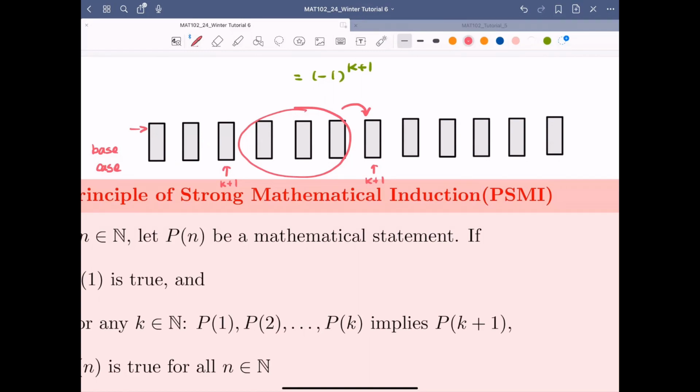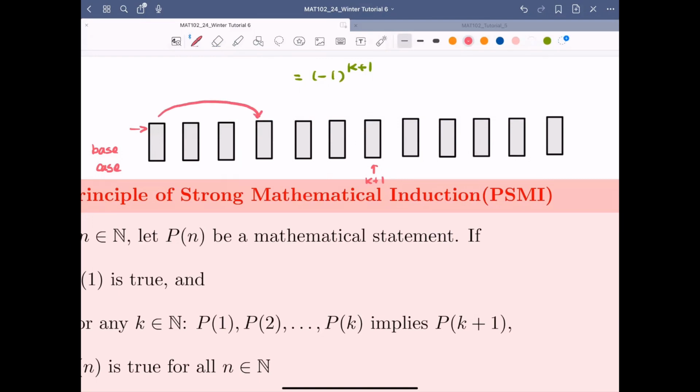Okay? That's if it's demanding and requires multiple terms. But as I said, there's another option, which is what if it requires a specific one? Okay? Again, you need to check what is the smallest term your k plus 1 can be. Okay, what is the smallest term it can reach? So, for example, maybe this only implies this one.